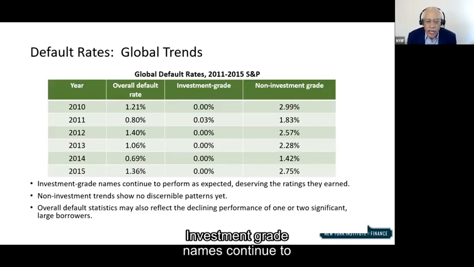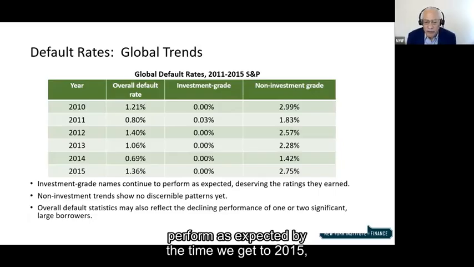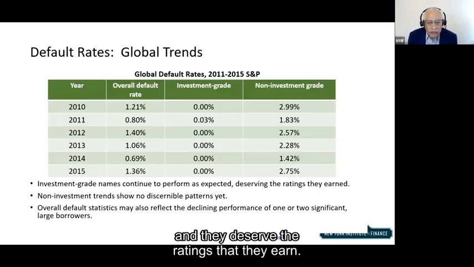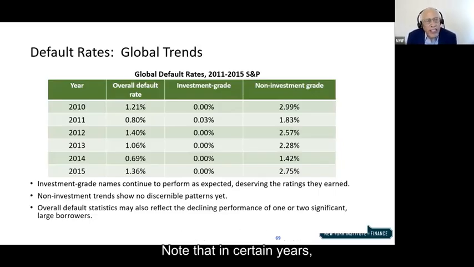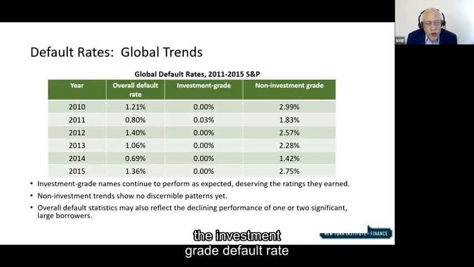Investment grade names continue to perform as expected by the time we get to 2015, and they deserve the ratings that they earn. Note that in certain years, the investment grade default rate was actually 0%.